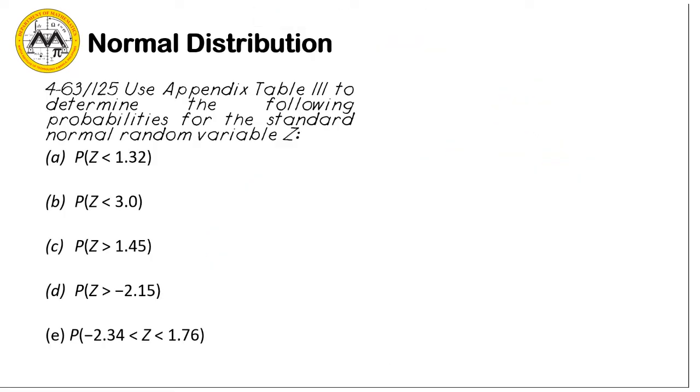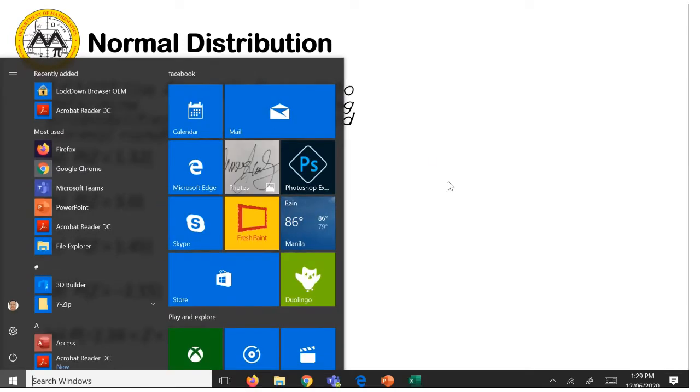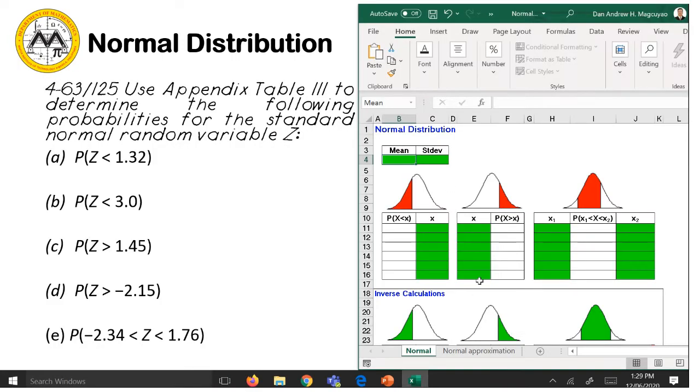Let us use a normal distribution Excel file that I have provided, but you can still use your statistical table for this one. The mean for a standard normal random variable is 0, while the standard deviation is 1.